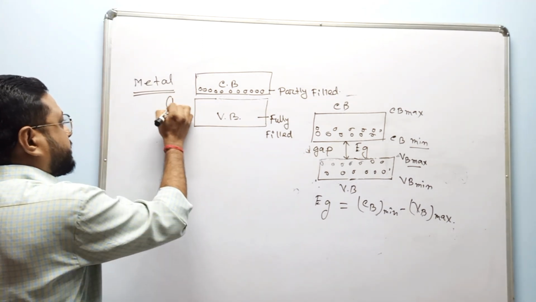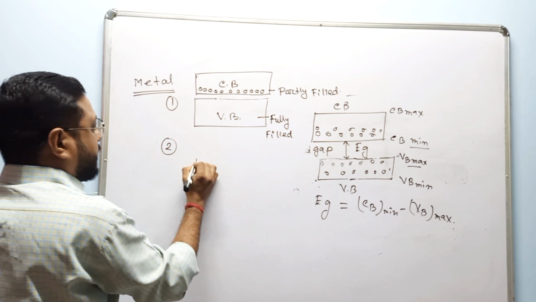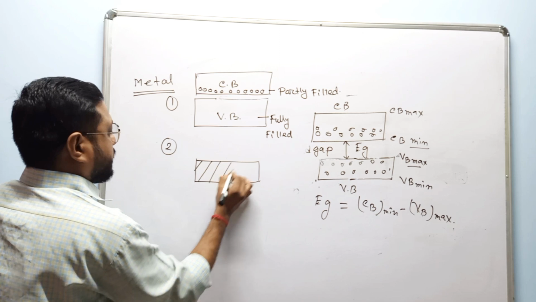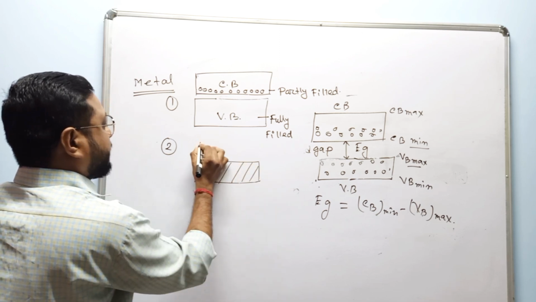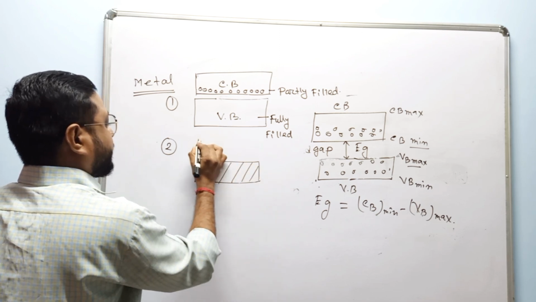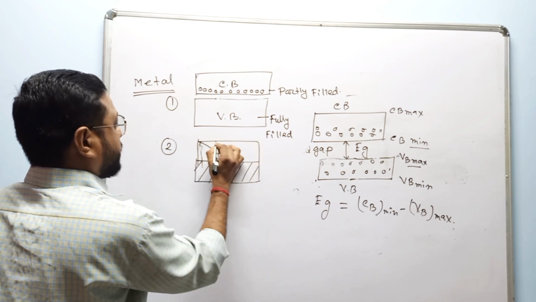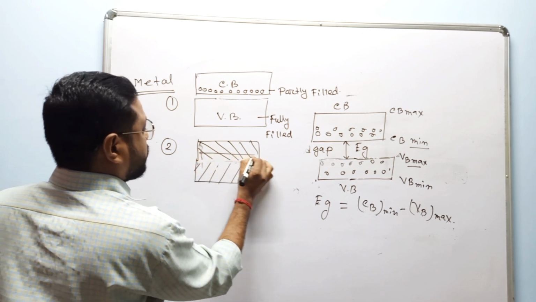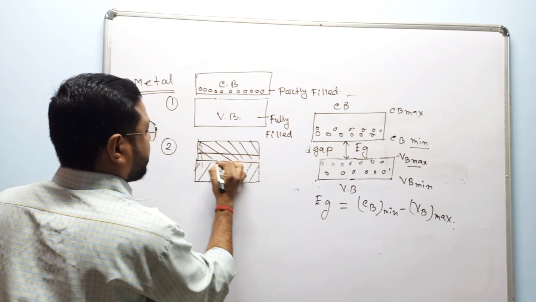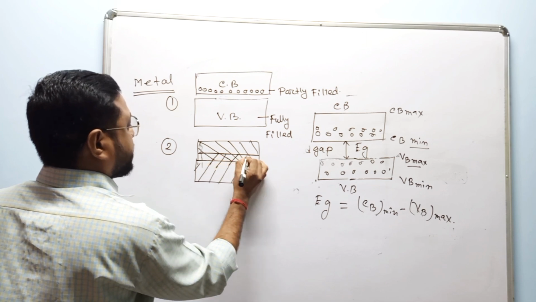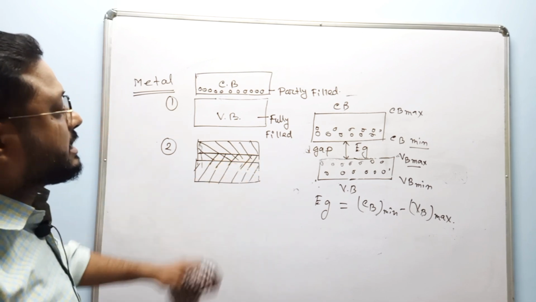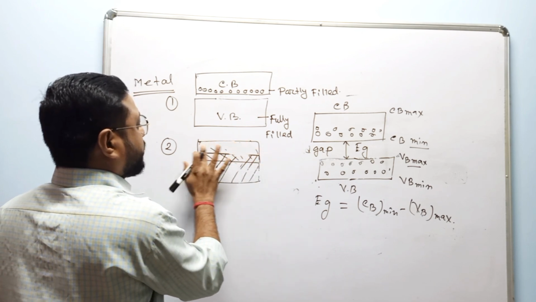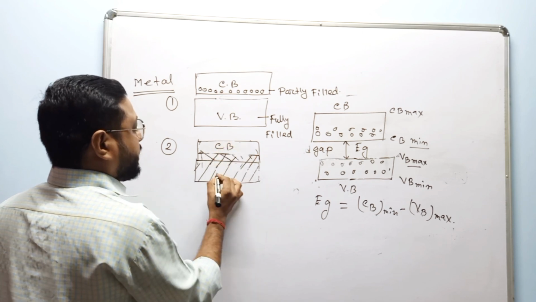Number two possibility is that the valence band is overlapped with the conduction band. Suppose this is the valence band and the conduction band. So the valence band and conduction band overlap with each other. Here the conduction band is totally empty, and the valence band is totally full.